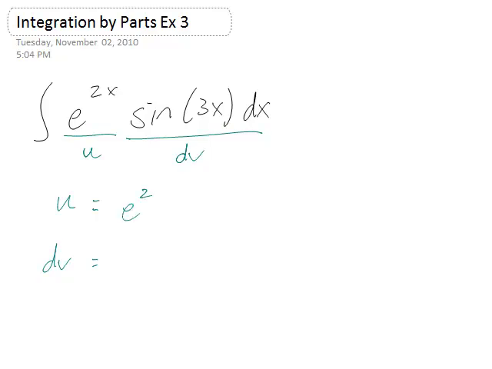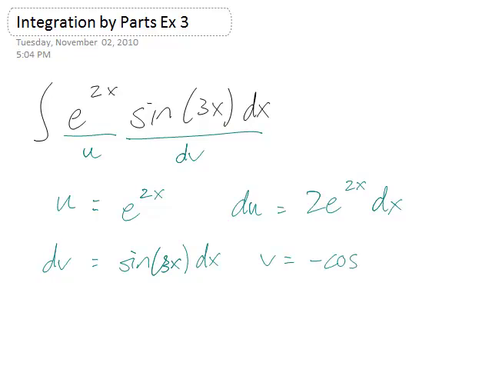If u is e to the 2x, then du is 2e to the 2x dx. And if dv is sine 3x dx, then v is going to be minus cosine of 3x over 3.